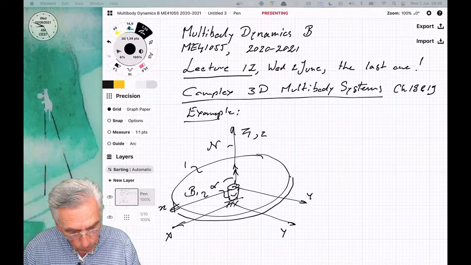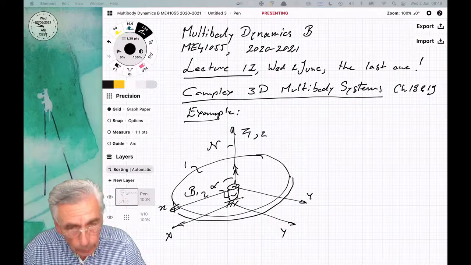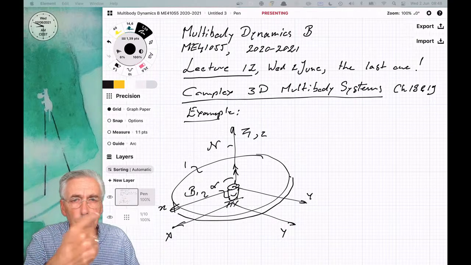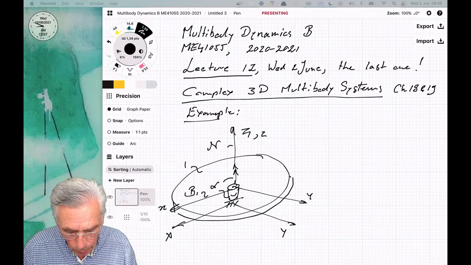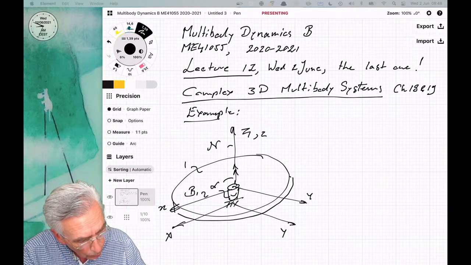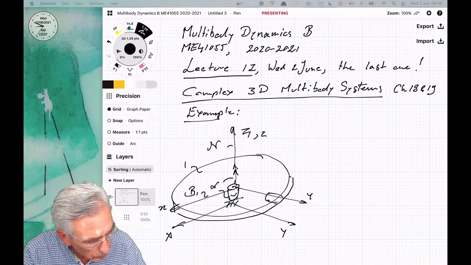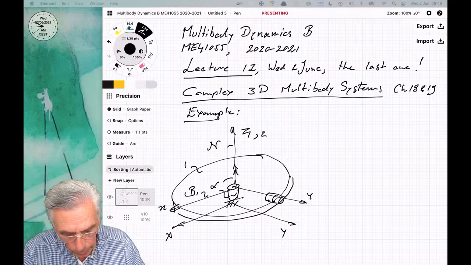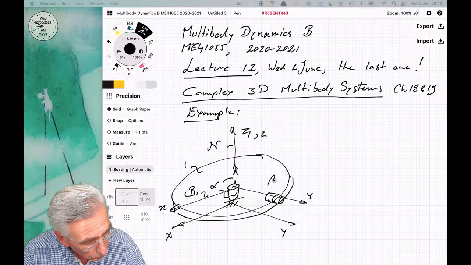On top of that, we mount on the disk in the y direction a hinge, and it has a relative rotation beta.